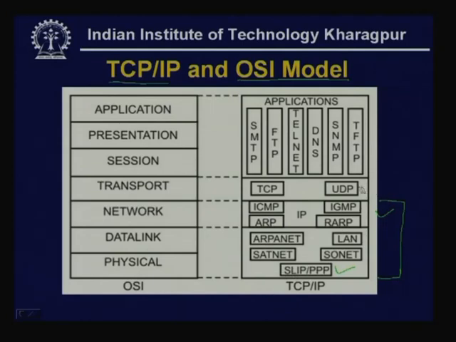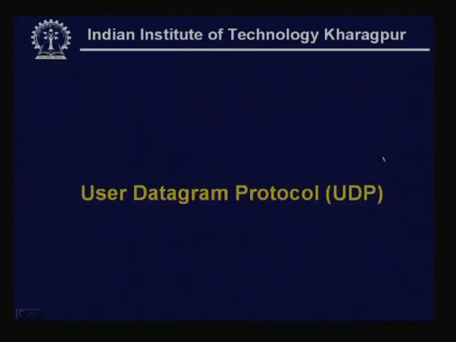Now in this lecture we shall discuss first the UDP, then TCP, and we shall also discuss some of the applications, because ultimately the users are interested in applications, and of course the TCP/IP is the underlying protocols which are being used for that purpose. So first let us focus on the simplest of the protocols, the user datagram protocol, or UDP in short.